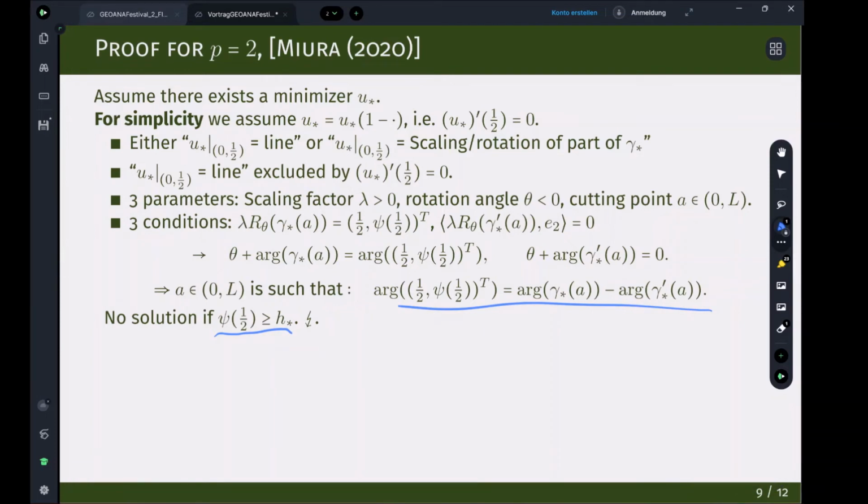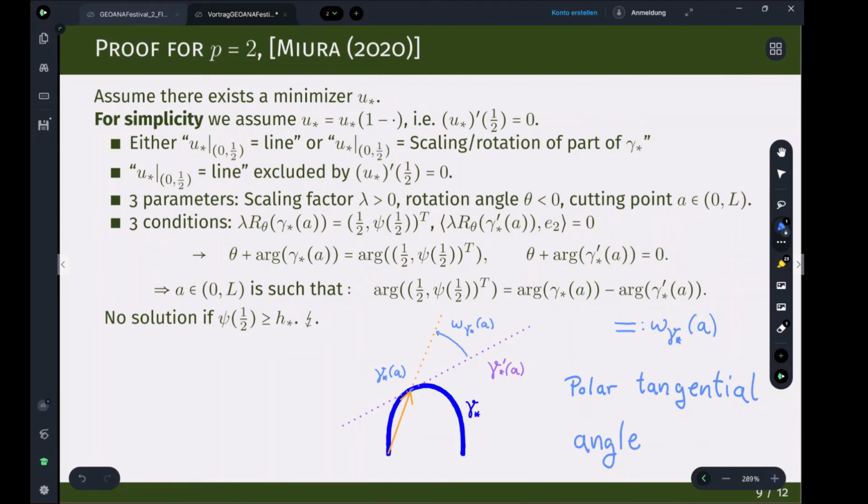Okay, and so Tatsuya Miura found a very, very geometric way to prove this. Namely, he looked at the so-called polar tangential angle. This is basically exactly this quantity, the angle between the curve and its derivative.